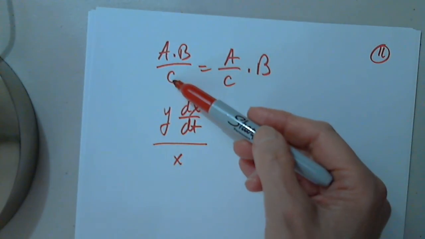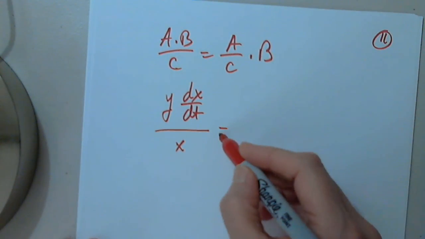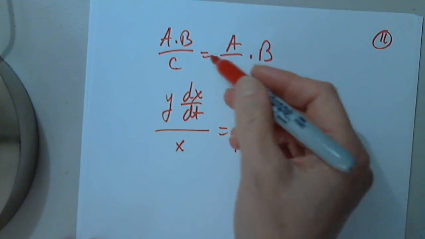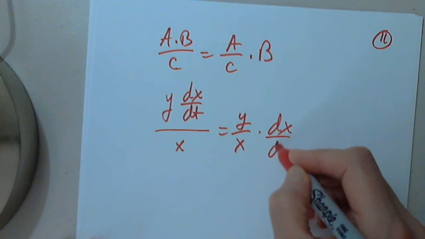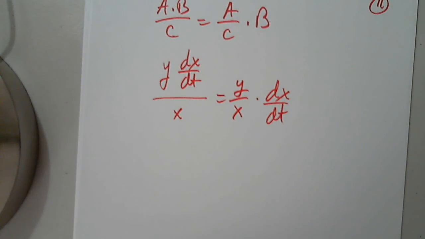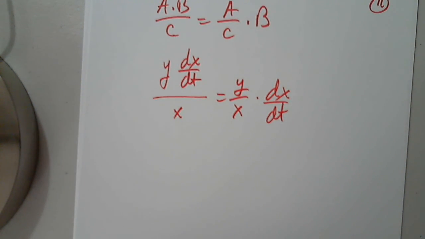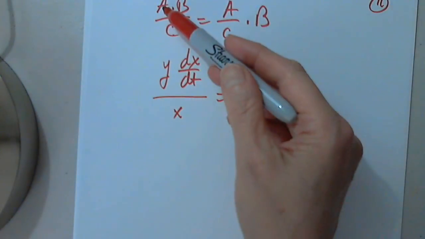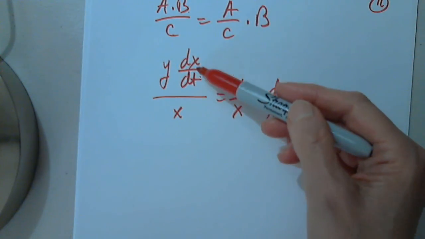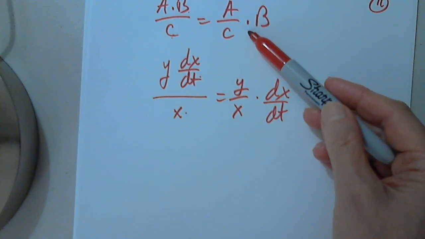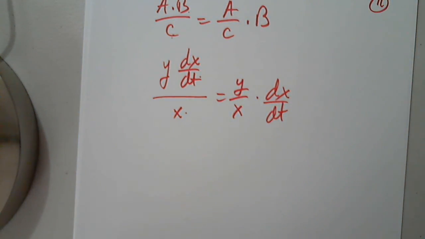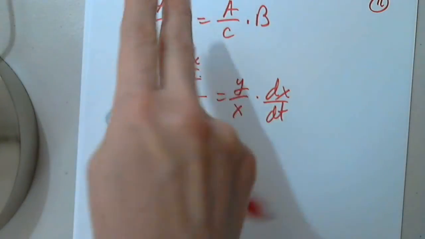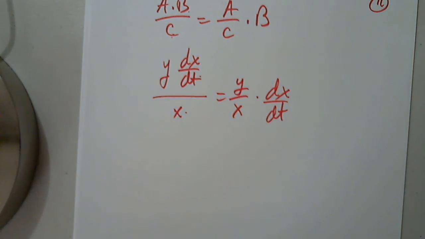I can put this over this, and then b on the side. So it's like a is y, b is this and c is this. So I can write it like this. I can even put b in front if I want to. I can switch these two because ab or ba mean the same thing.